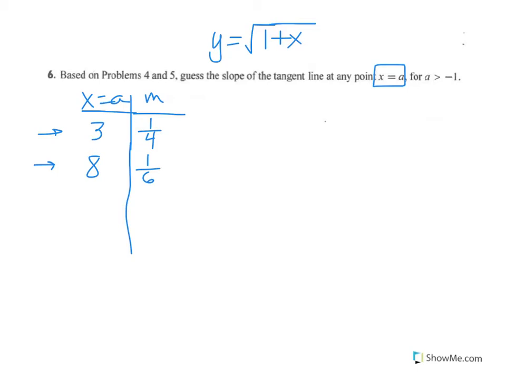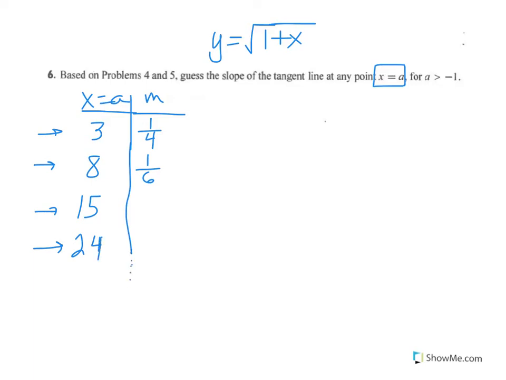So if you wanted to test some other values, another good one to look at would be x equals 15, because that output would be the square root of 16, which ends up being 4, so that's a nice one to explore. And one last one, let's say x equals 24, to figure out what the slope is there.